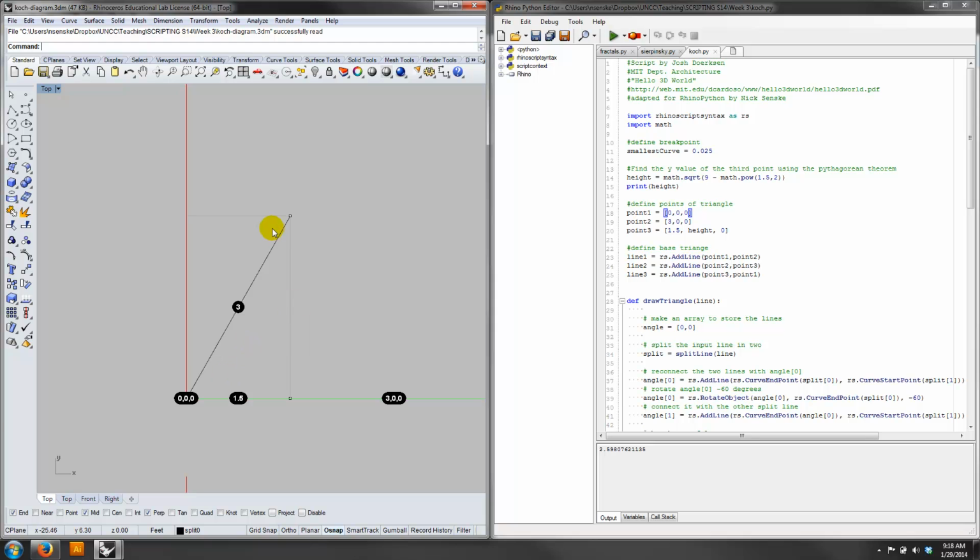So in order to construct this kind of triangle, that's what we're doing up here with this math. We use math square root of 9, which is 3 times itself, and then we use math power. So we take 1.5 raised to the power of 2. That's what that means, and we get height, which is the location of this coordinate, and that ends up being something like 2.598 if I round it, and we know that it's halfway between 0 and 3.